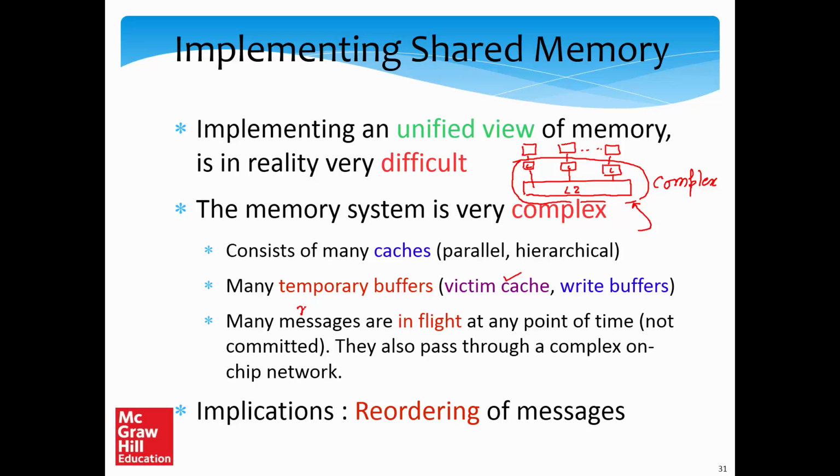These messages can be read messages, they can be write messages. Many kinds of messages can be sent. Many of these messages would not have reached their destinations. So the entire situation can be pretty complicated within the memory system.